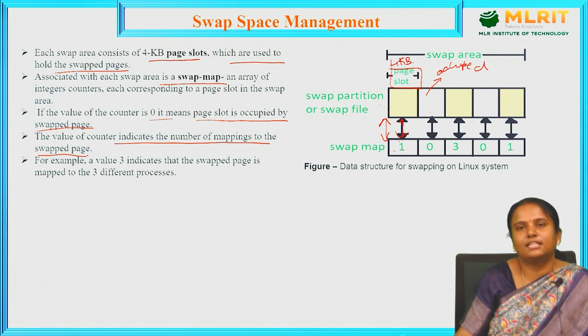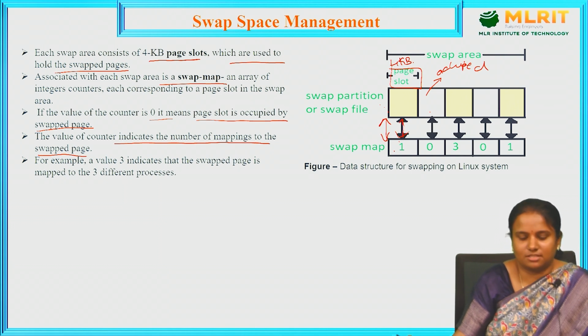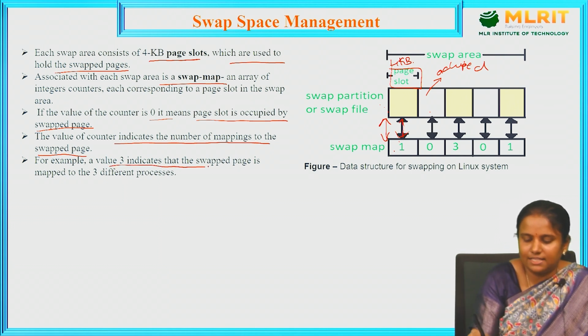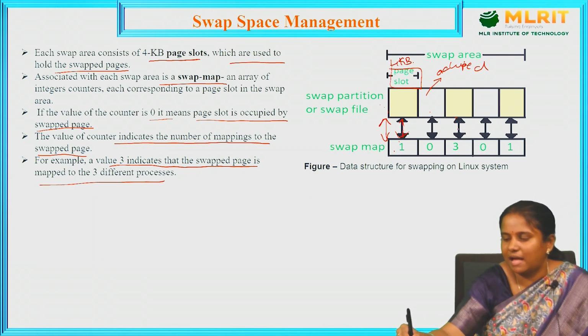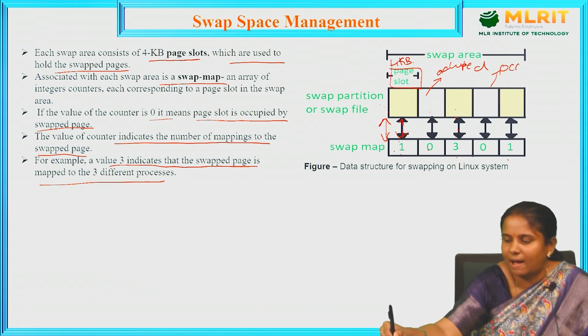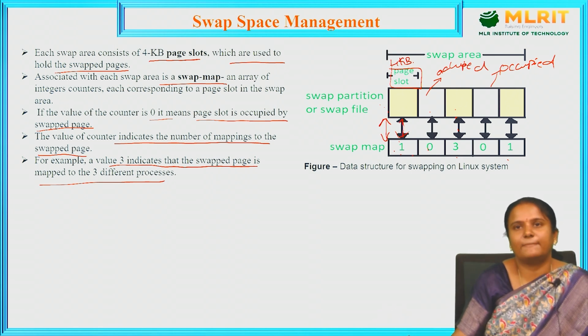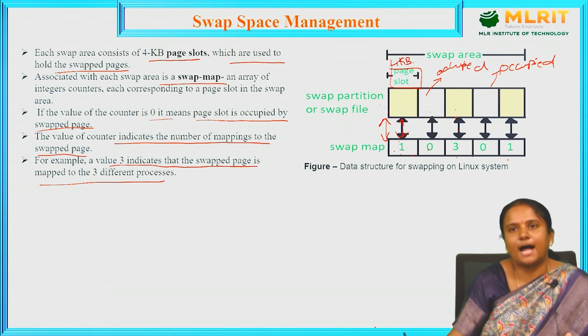For example, a value 3 indicates that the swapped page is mapped to 3 different processes. This is how swapping is done with the swap partition or swap file.